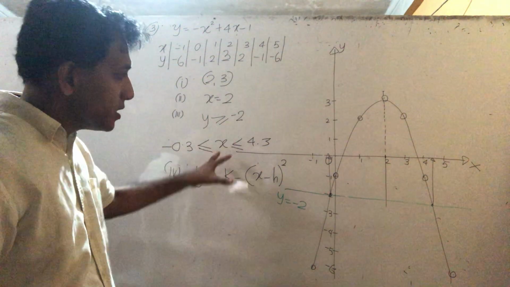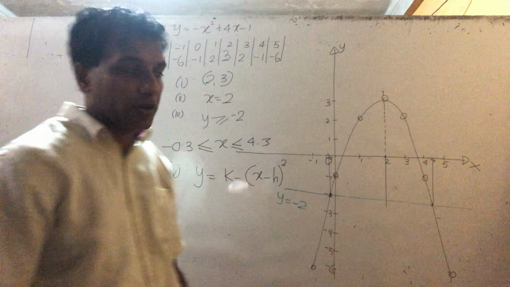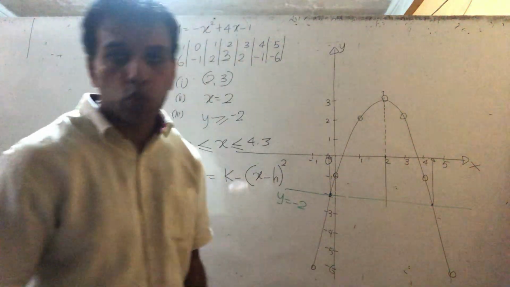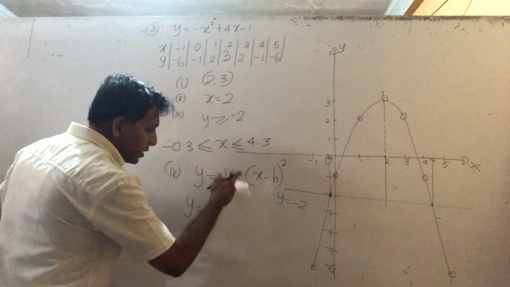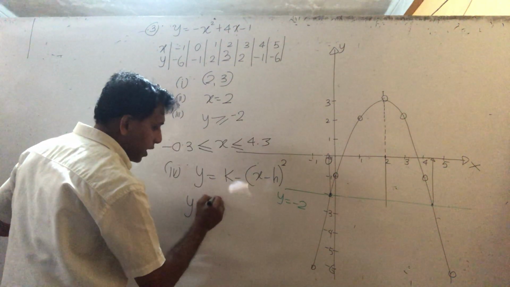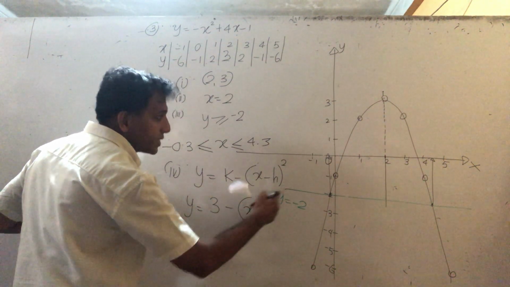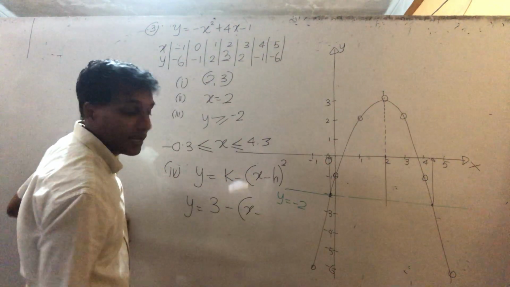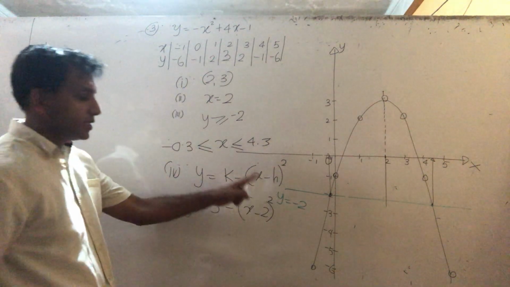So this pattern gives the maximum value and the symmetric line, right? You know the maximum value is 3 and the symmetric line is 2. Therefore the answer is: k gives the maximum value 3, and x minus h, that is the symmetric x coordinate, 2. This is the answer.